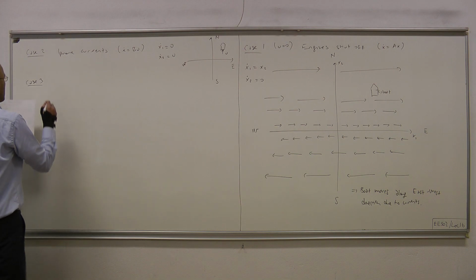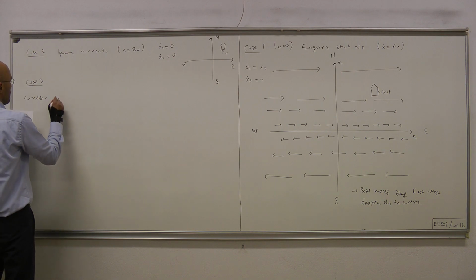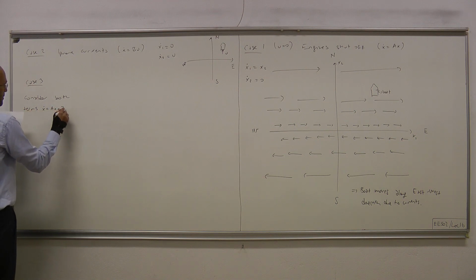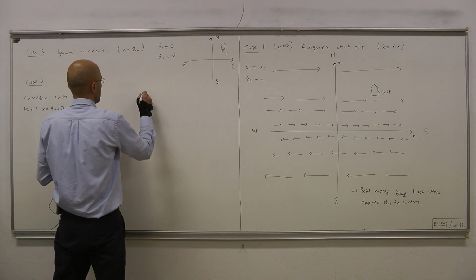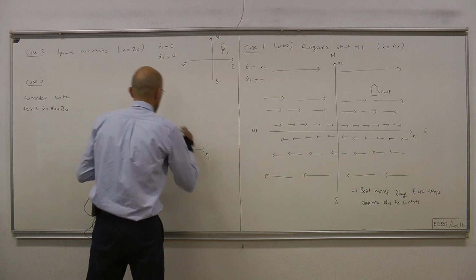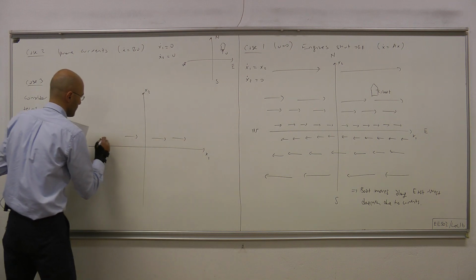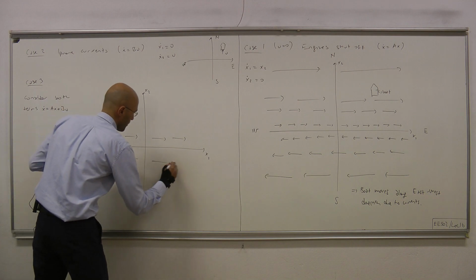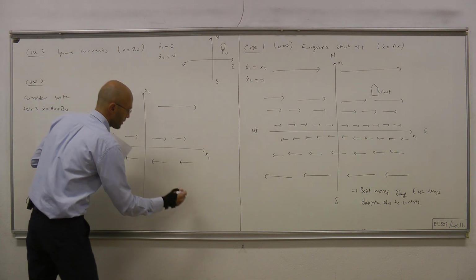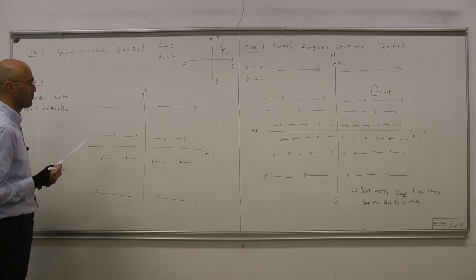Let's call it case 3, where we consider both terms. x dot equals Ax plus Bu. So what we have here is the following: x1, x2. We have the current map, which becomes faster and faster as you move farther and farther away from the horizontal axis.